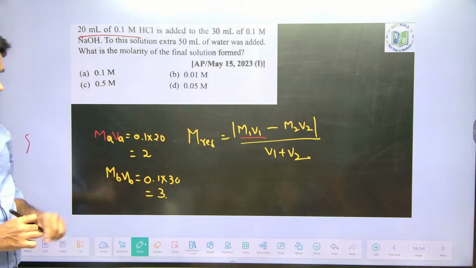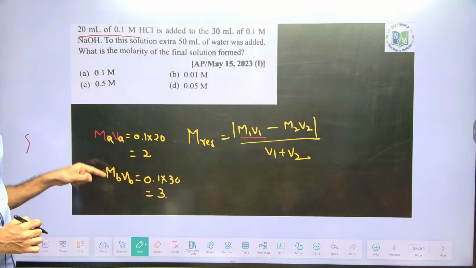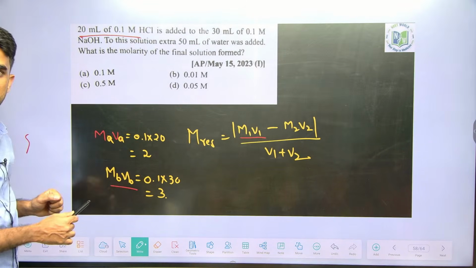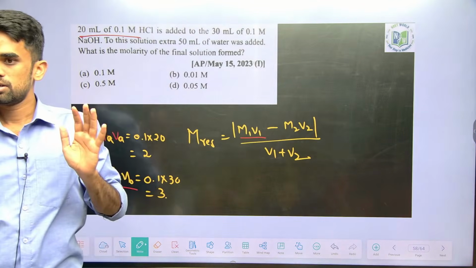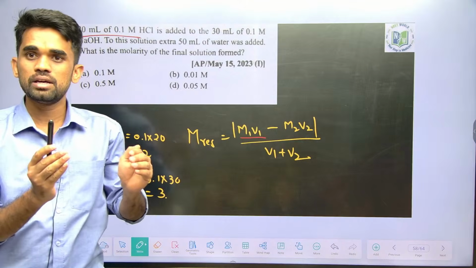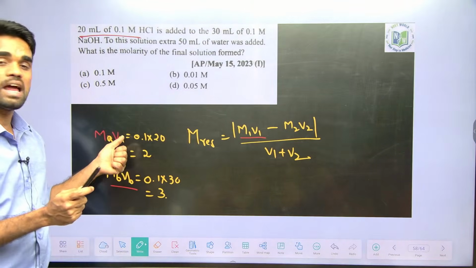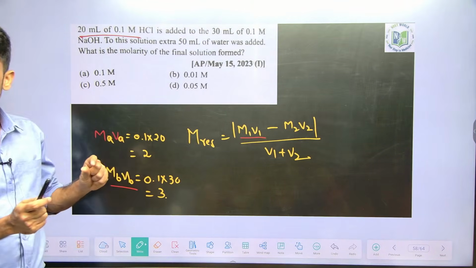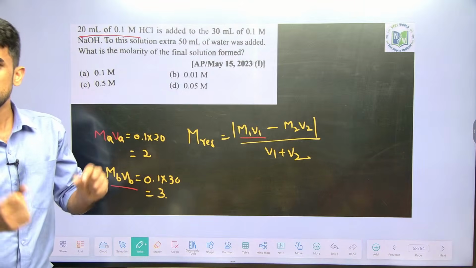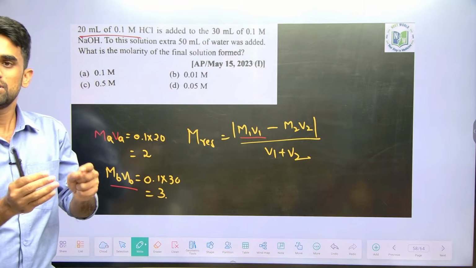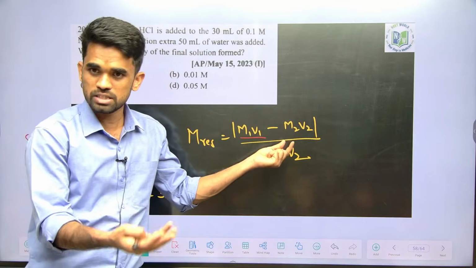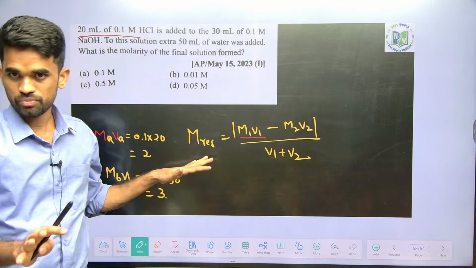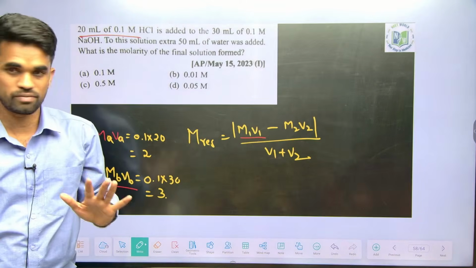Now which is greater here? 3. The base value is greater now. It means the resultant solution will be basic. If the acid value is greater, the solution will be acidic. If both values are same, neutral. If this and this are same, minus same means 0, so it will be neutral. Like that you can understand. Okay, basic way of understanding.